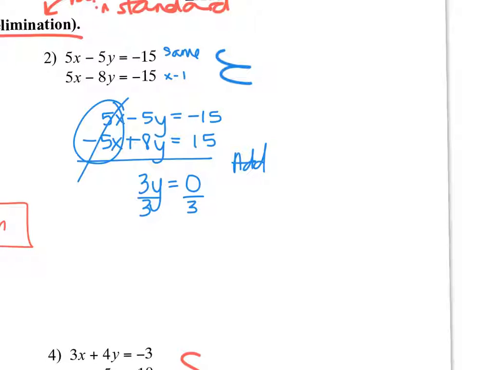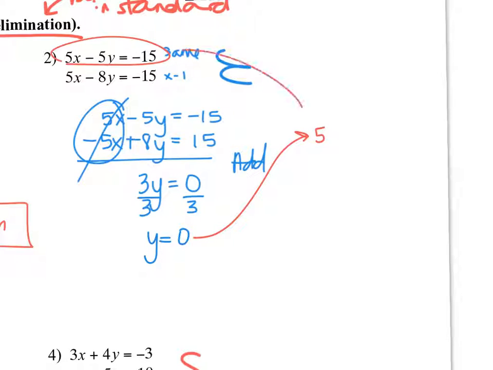Now, you may have said, I'm actually going to back up here real quick. You may have thought, well, those cancel, these 15s cancel also. They do, so on that side, you're just left with nothing, which is 0. So then when I divide, 0 divided by 3 is 0. That's an answer. And now remember, we got to plug back in to get our second answer. Use an original equation. So I'm just going to use my original top equation up here.